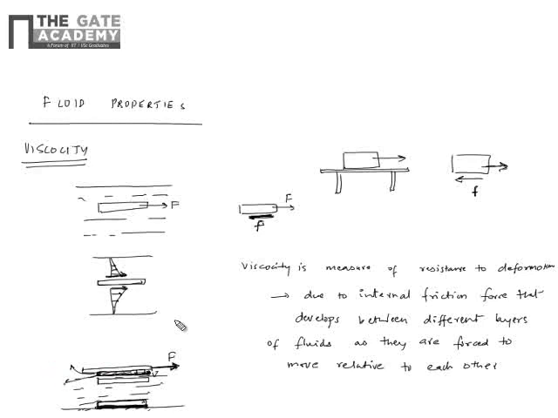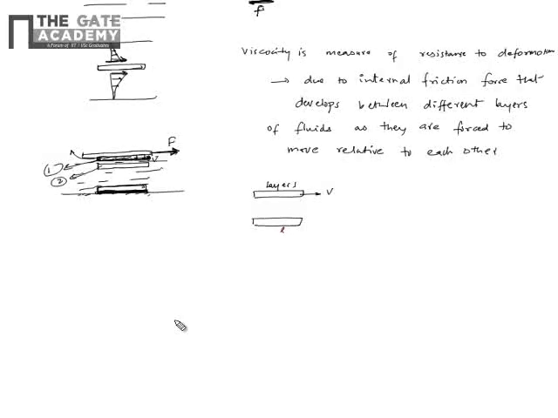Say this is layer 1 and this is layer 2. Layer 1 will try to move with velocity v, so layer 2 will try to exert a force on layer 1 and slow it down, whereas layer 1 on layer 2 will try to move it forward. This is basically like Newton's third law. So layer 2 is exerting a force F to oppose, and that force is your friction force, and the source of that is viscosity.